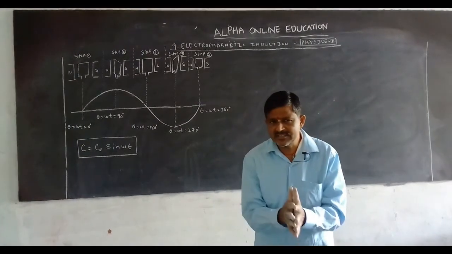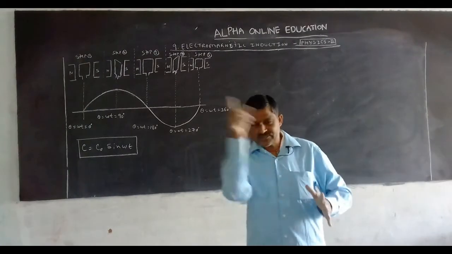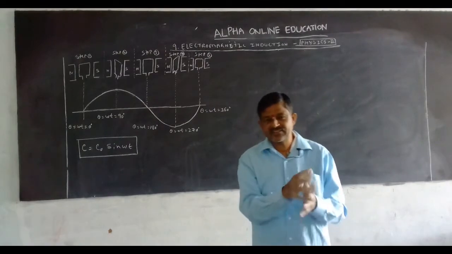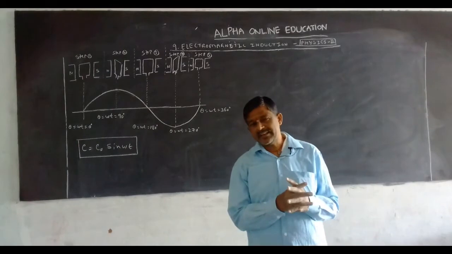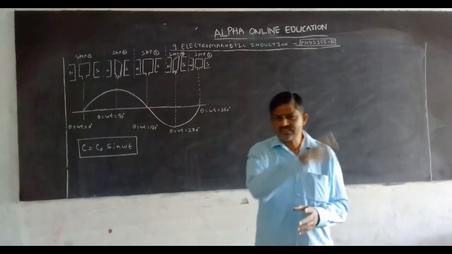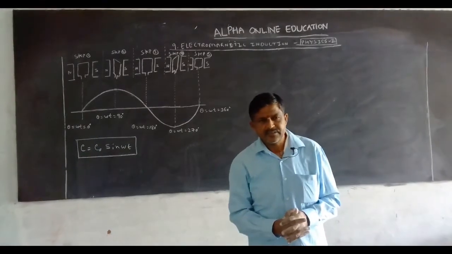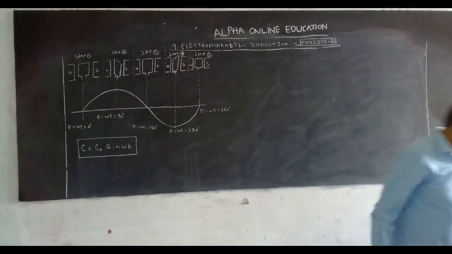In an AC generator, the coil rotates in the magnetic field, or in the magnetic flux. When it rotates, what happens to the association of magnetic flux? It changes. When the association of magnetic flux changes, we get induced EMF in the form of a sine wave. How is it?